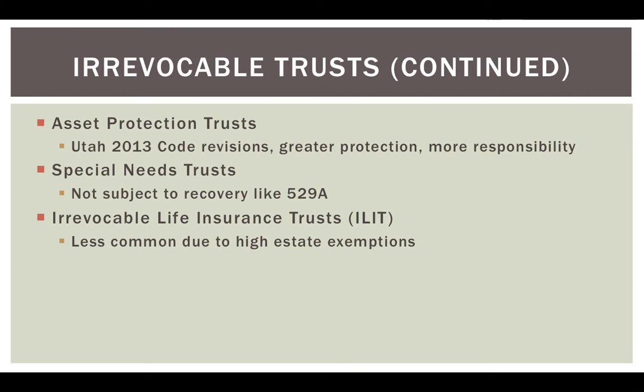Back when that number was closer to 600,000, these irrevocable life insurance trusts were a way to keep life insurance out of the estate and make sure that it passed tax-free to beneficiaries. Nowadays, it's a little less common, but they do still come up, and so I thought I'd mention them.